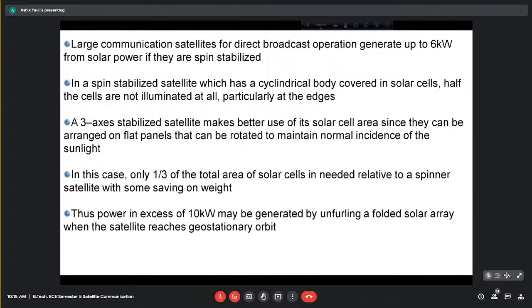That results in some saving on the weight of the satellite, because the larger the weight of the satellite at the time of launch, the more fuel is needed, and so the cost of launching also goes up a lot. This way, in a three-axis stabilized satellite, we could generate power in excess of maybe 10 kilowatts.